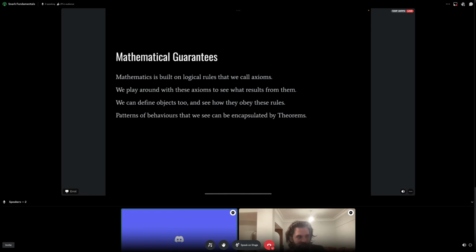We're going to start off with the idea of mathematical guarantees. So maths is built sort of on the shoulders of giants. When we prove something in maths, we can then use it in future 100%. And we started this system with a few rules that we called axioms. These axioms were never proved or anything.